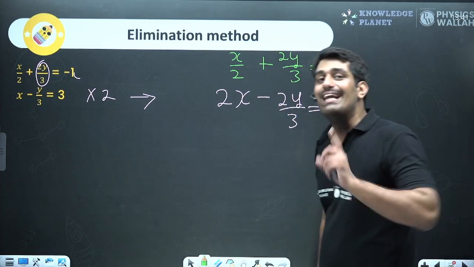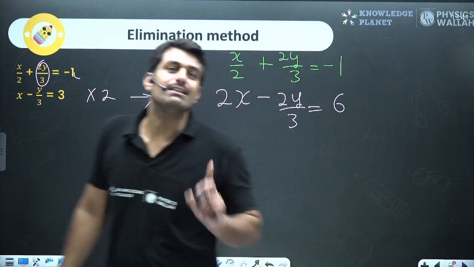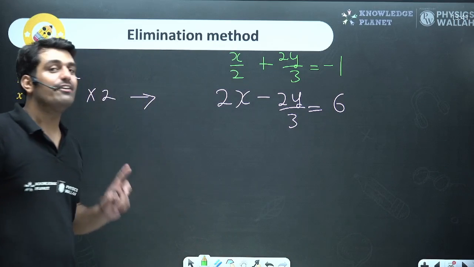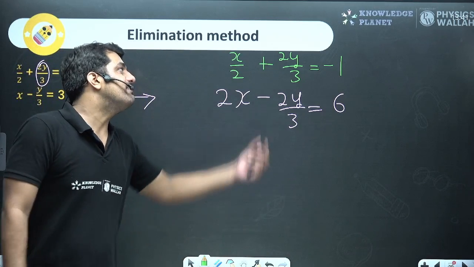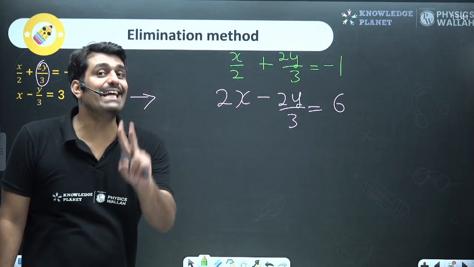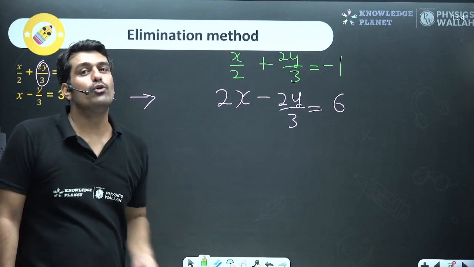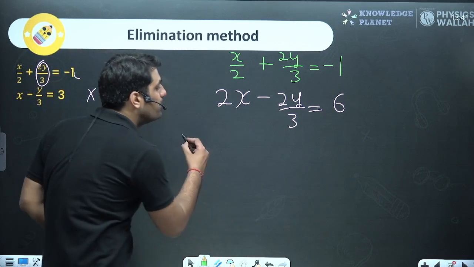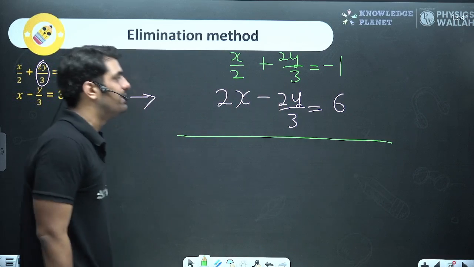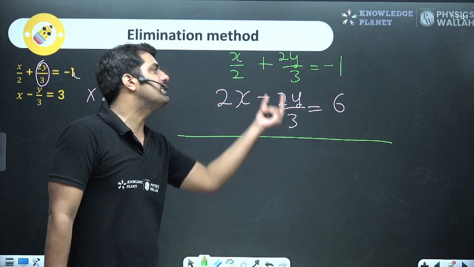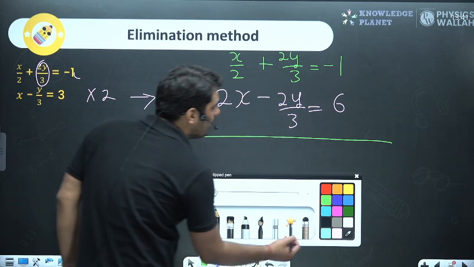In the elimination method, the first step is to make the coefficients equal. Once you have made the coefficients equal, observe the sign. If the signs are opposite, you don't need to do anything. You just simply need to add the two equations. When you add the two equations, this will be positive, this will be negative, and both will cancel out.